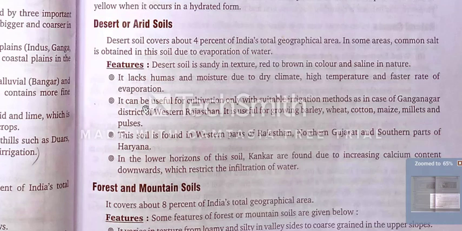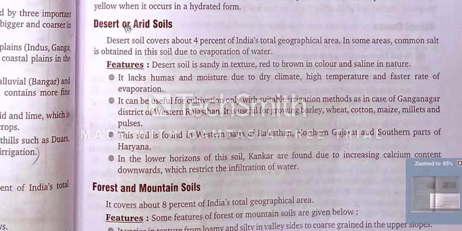It can be useful for cultivation only with suitable irrigation method, as in case of Ganganagar district of Western Rajasthan. It is useful for growing barley, wheat, cotton, maize, millets, and pulses.